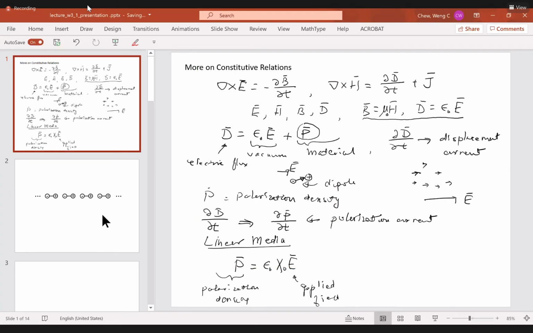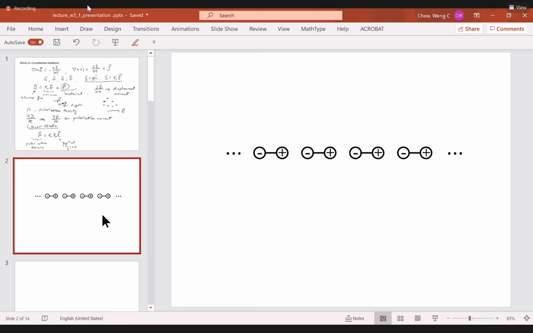So let's look at the second slide. So imagine that we have these molecules. These are all molecules or atoms, and they become little dipoles when you apply an electric field.